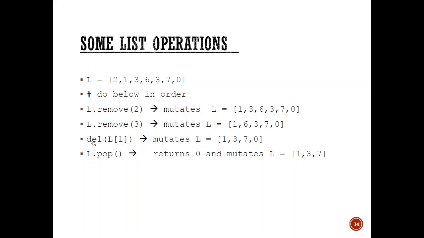We can then delete the element at index 1 of L, which is 6. Now the new list becomes as such. And finally, by applying this command, it returns the value 0 because it's the last element of the list, and now L becomes as such.